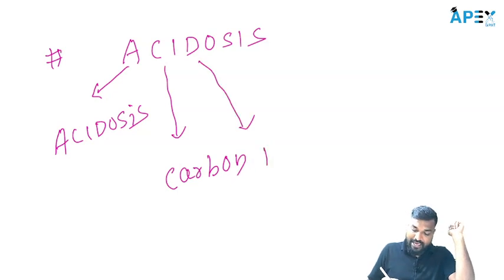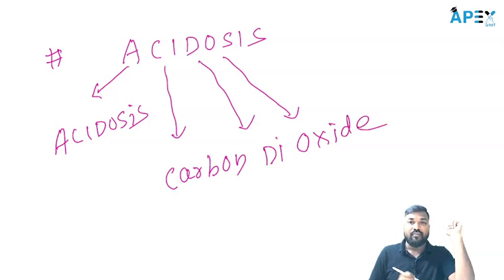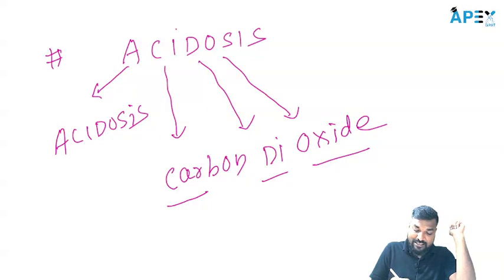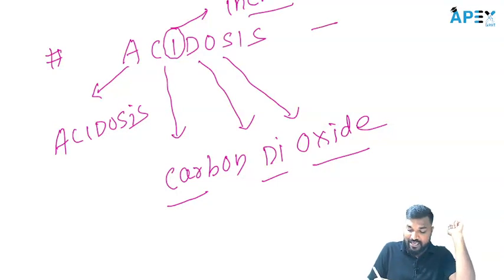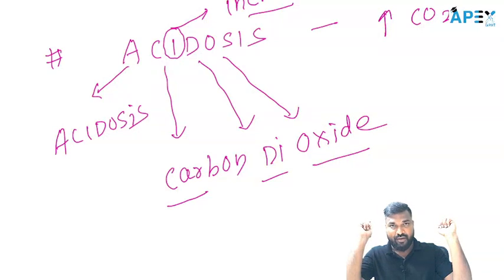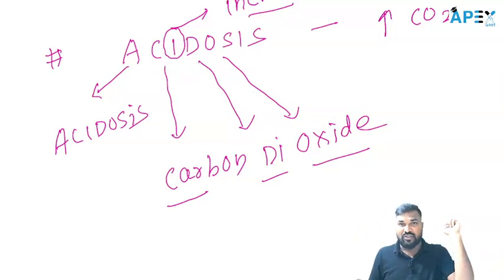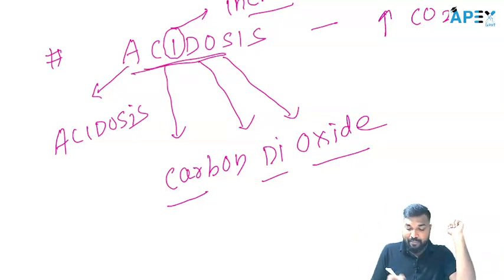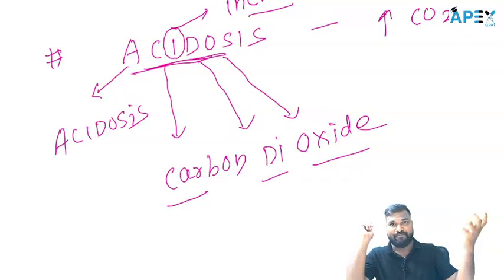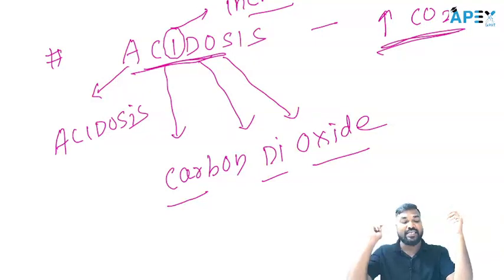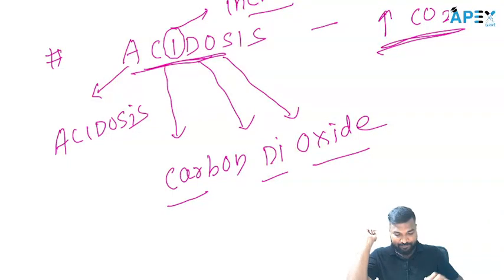D, di, O, oxide. So, whenever carbon dioxide levels increase, we will get acidosis. The metabolic acidosis will occur when the carbon dioxide levels increase.